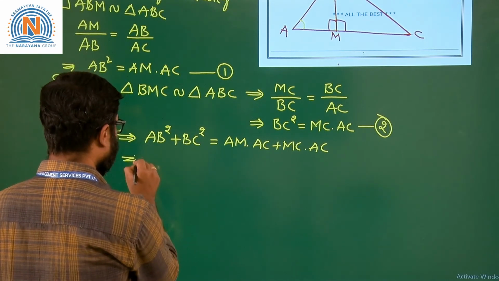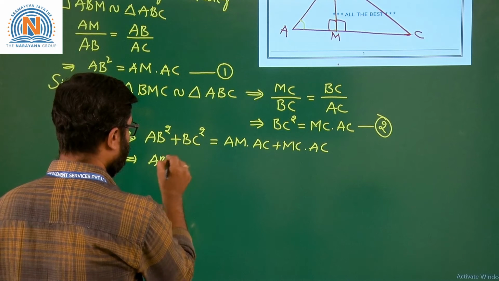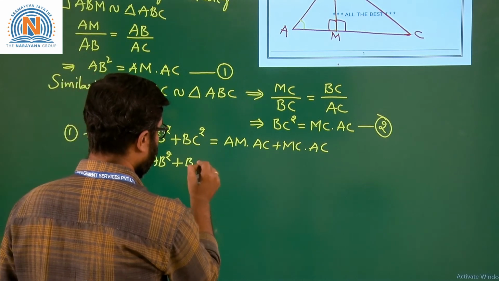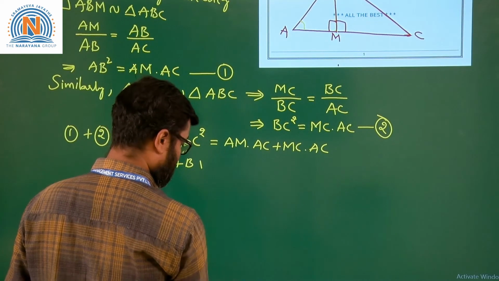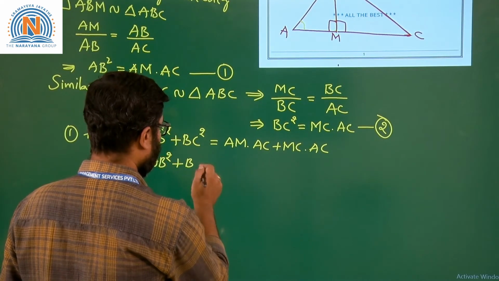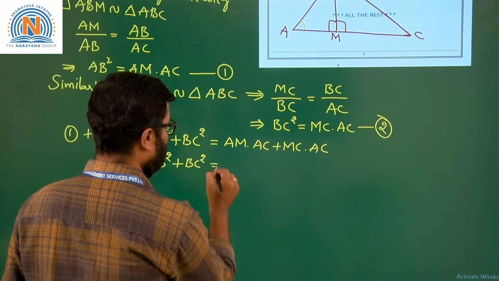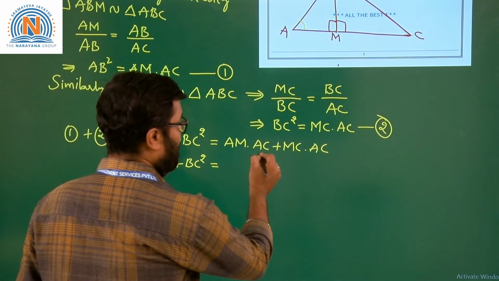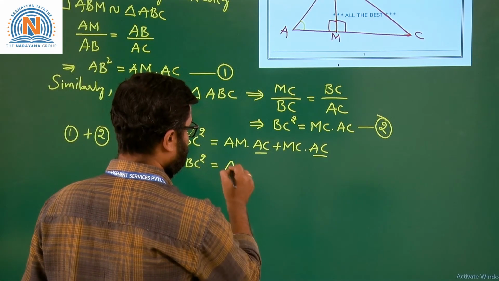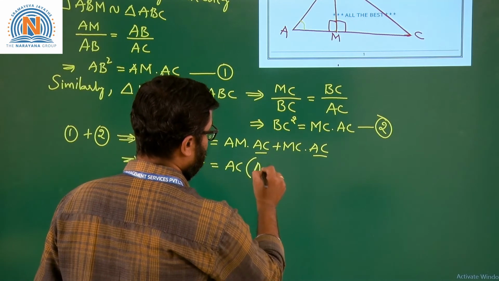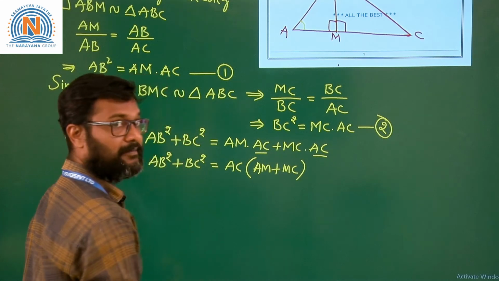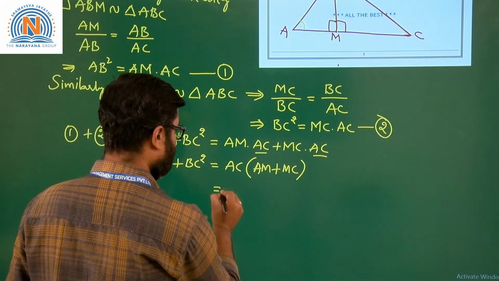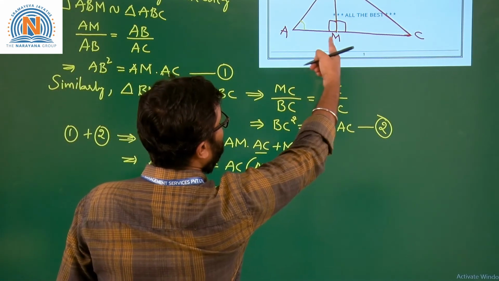Now AB square plus BC square is equal to what, children? Take AC common here, AM plus MC, isn't it? AM plus MC, which is equal to what, children?